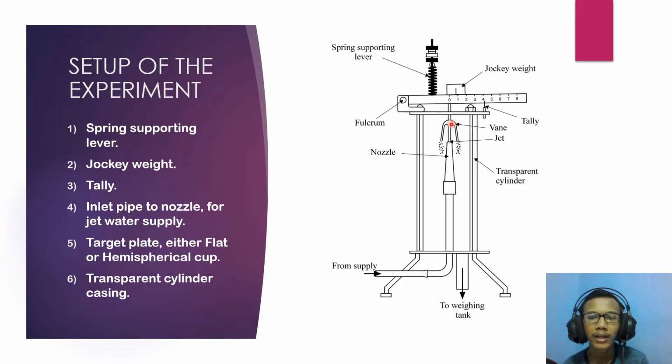So the force of the water will push the vane and push the lever upward. To counteract that force, the jockey weight will be moved or slid to the right, so that the weight of the jockey weight can balance the force of the water and return the lever back to its original position. The distance by which the jockey weight is moved is denoted as y.